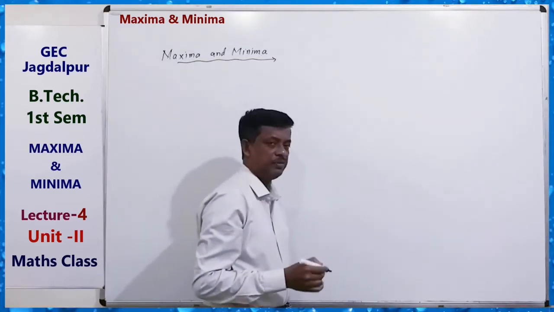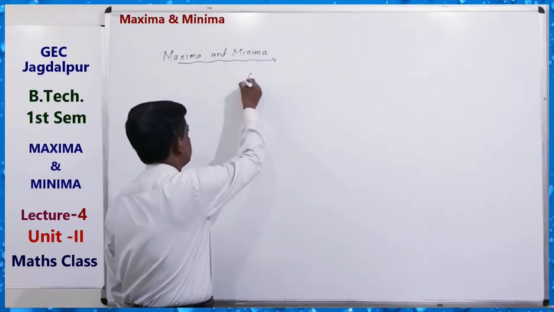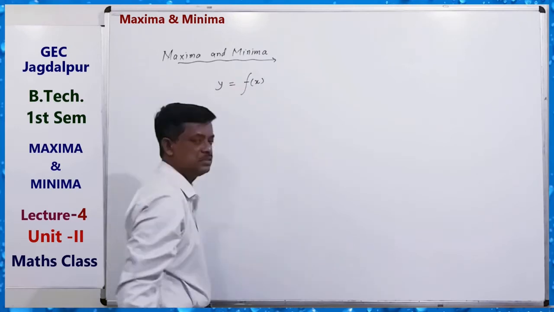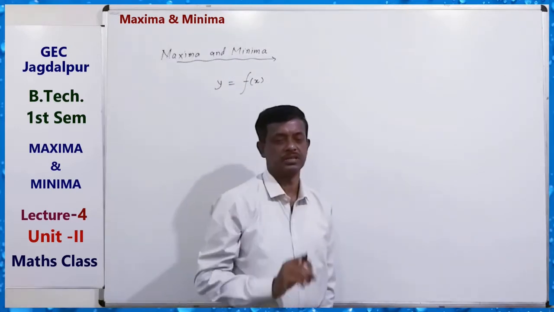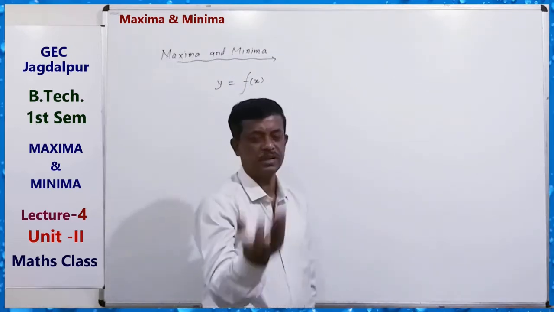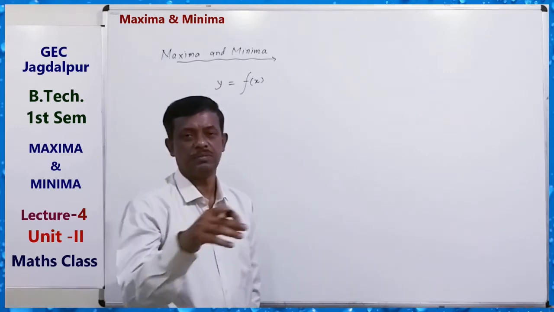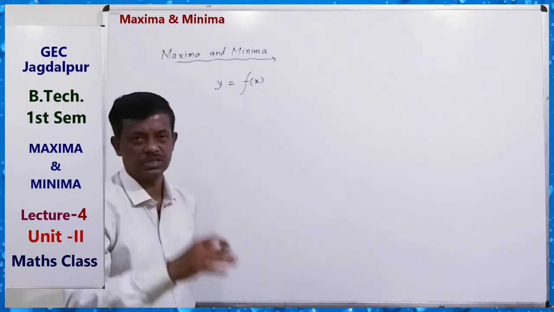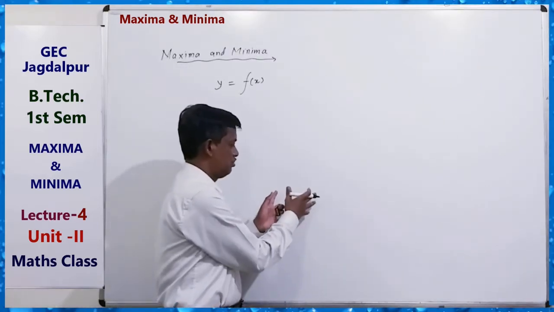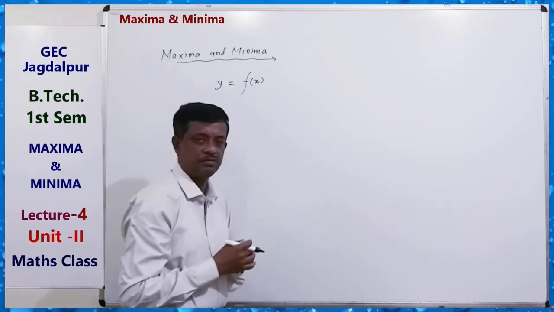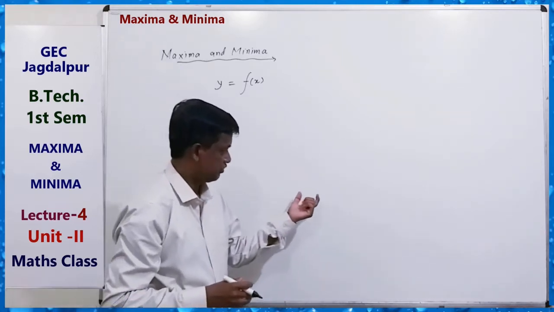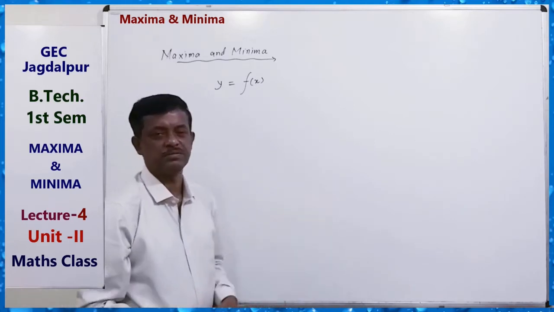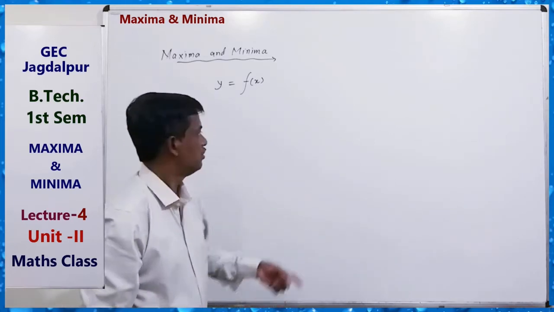Suppose the function is f(x), that is denoted by y equal to f(x). Generally we denote it like this. Here what is the maximum or minimum depends on the given information in the question. We have to write the expression for, say, volume or area, for maximum of volume, maximum of area.